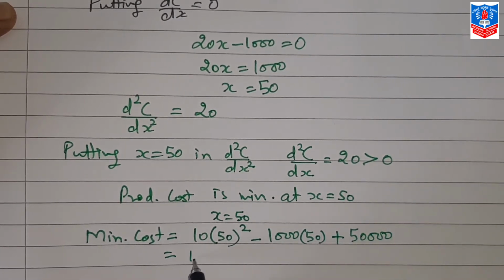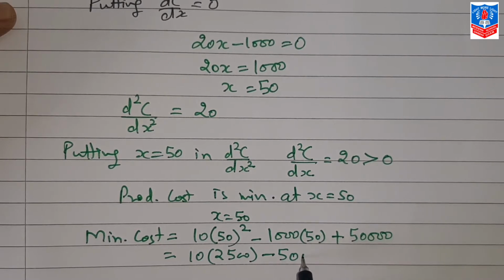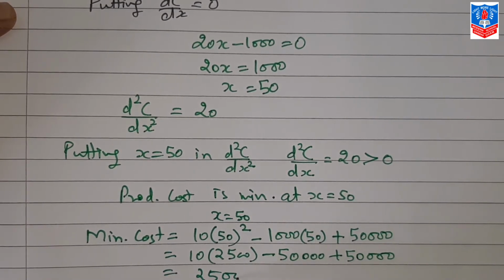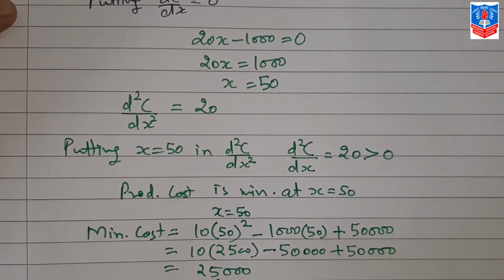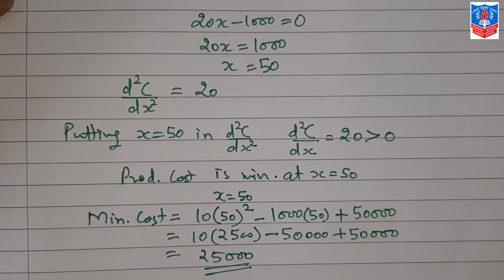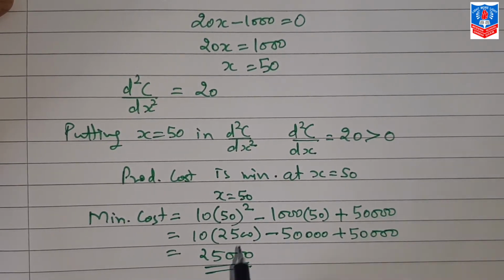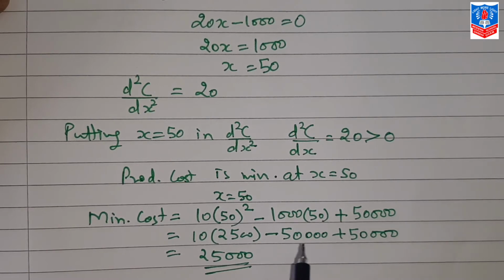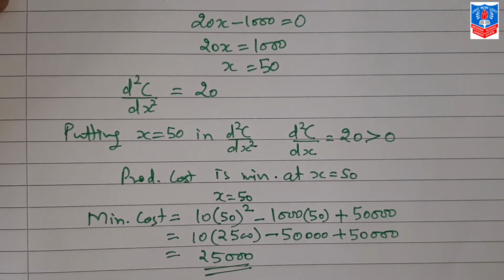So this will be 25,000 minus 50,000 plus 50,000, which is 25,000. So this 25,000 is your minimum cost. Hope you understand this type of sum.